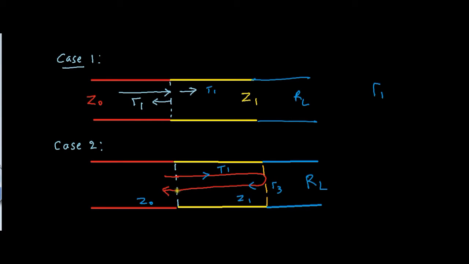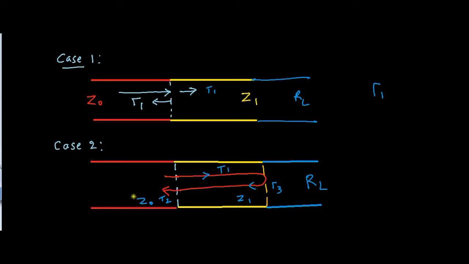So some part of the wave will be reflected back into Z1 and some part will be transmitted to the source field Z0. Now in case 2, we are interested only in the wave which is transmitted to the source field. The part of the wave transmitted to the source field Z0 will be given by partial transmission coefficient T2.